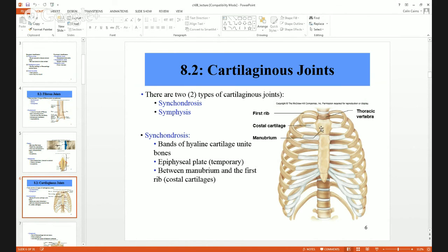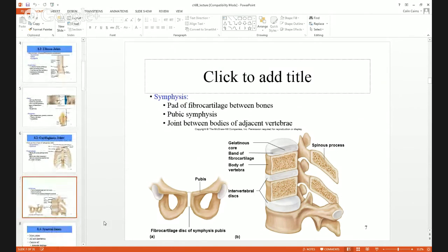So the rib's not exactly connected to the manubrium of the sternum, but there's cartilage that connects it. And then you have the symphysis. That's the pad of fibrocartilage between bones. For example, the fibrocartilage between each vertebra. And also the fibrocartilage disc of the symphysis pubis.